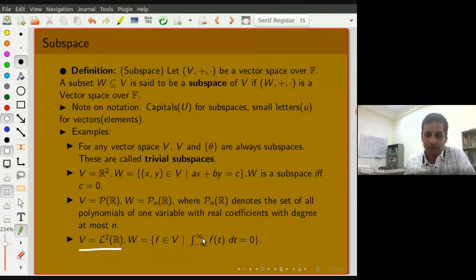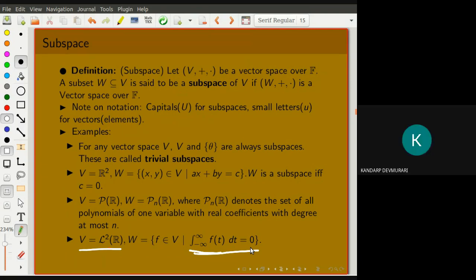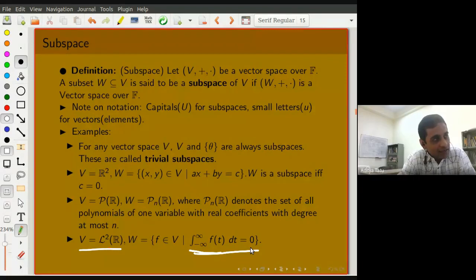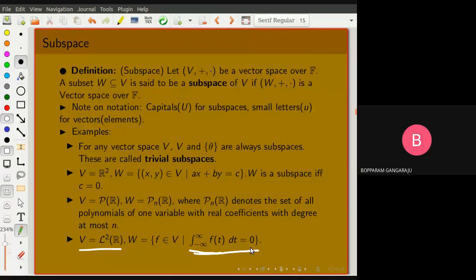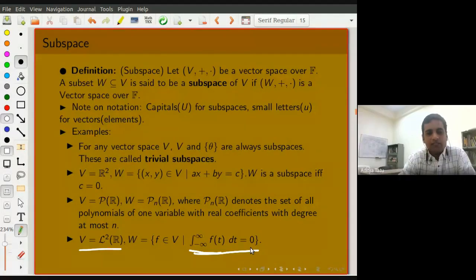No, does this capture periodicity? Odd signal? What is an odd signal? An odd signal is f of minus t equal to minus f of t. What does this capture?